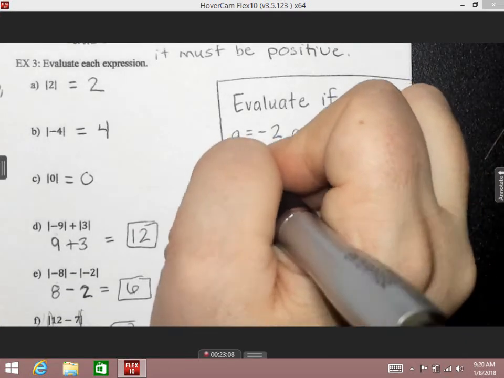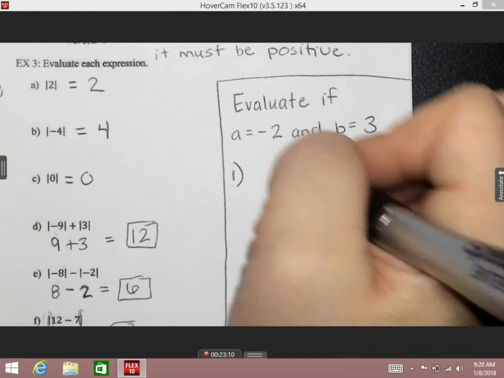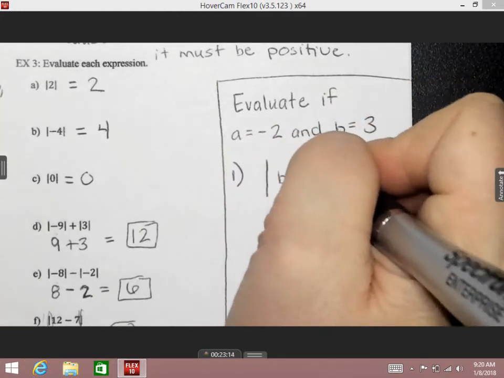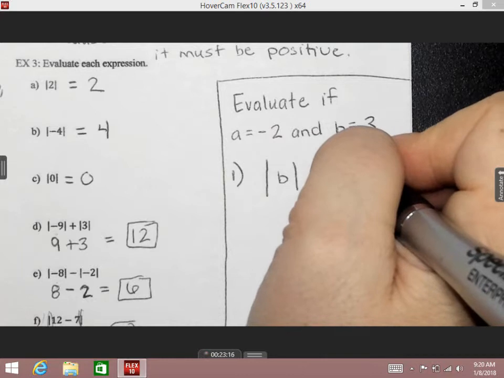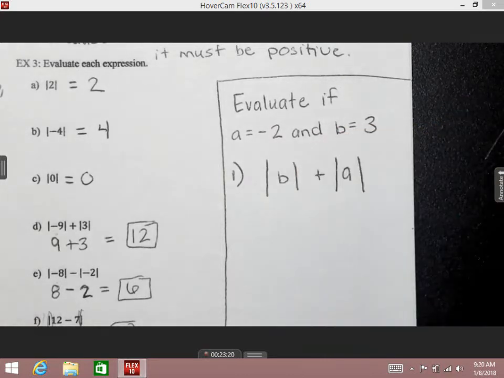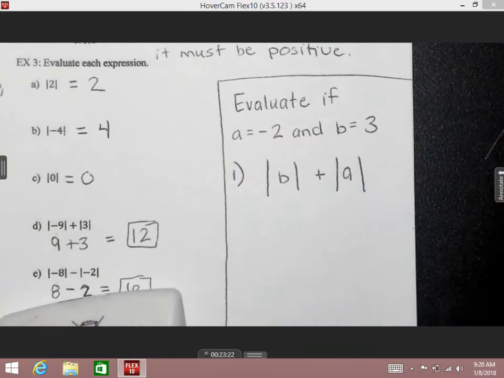All right, our first problem: the absolute value of B plus the absolute value of A. If you just see it like that, with the absolute value of B and the absolute value of A, can I do math with that? No, I can't do math with letters yet.